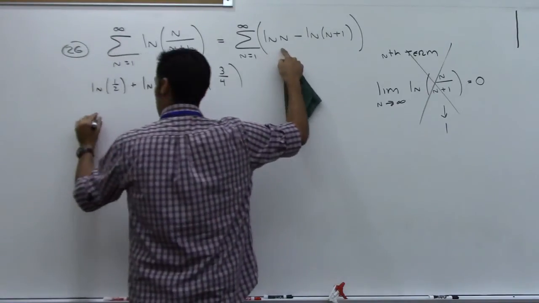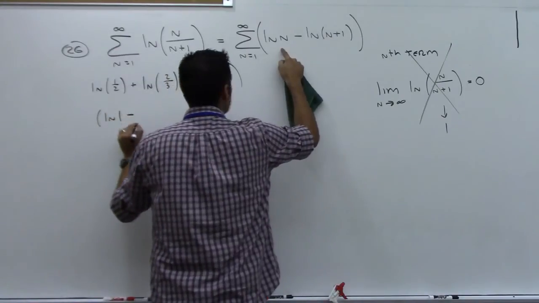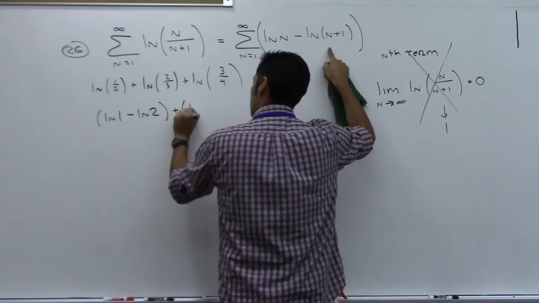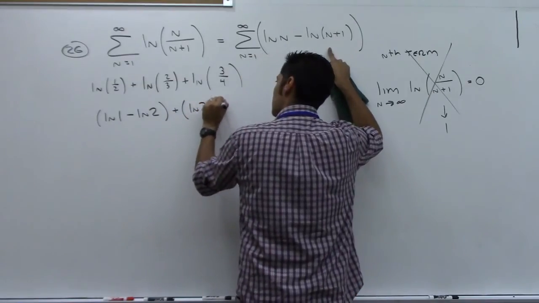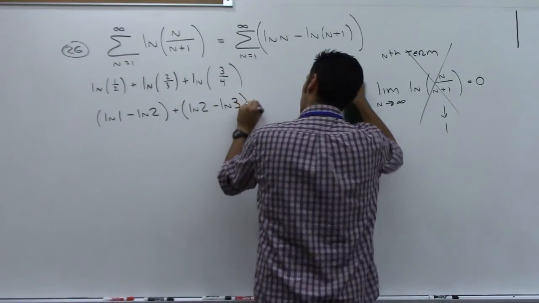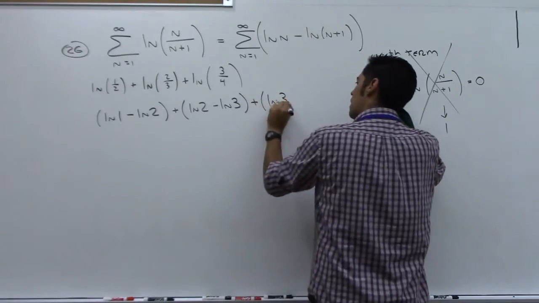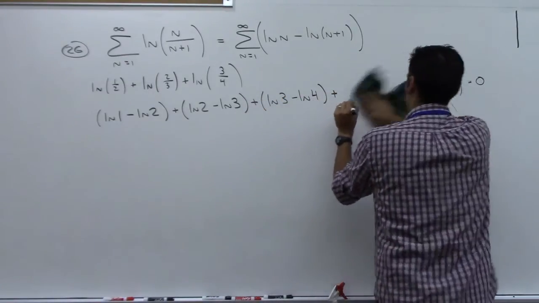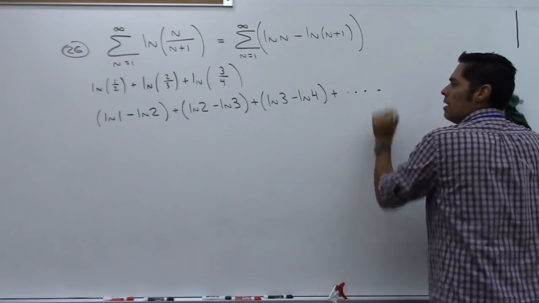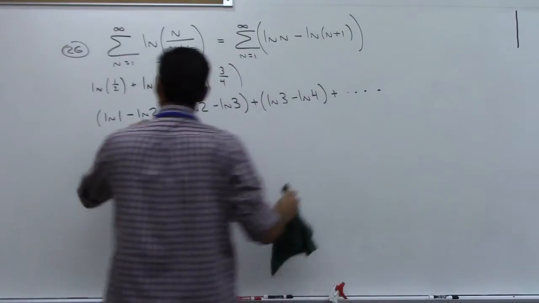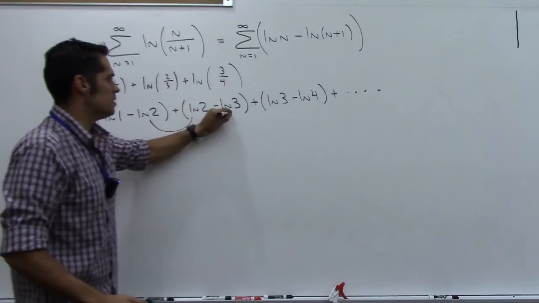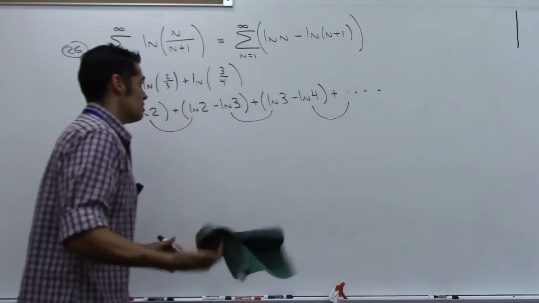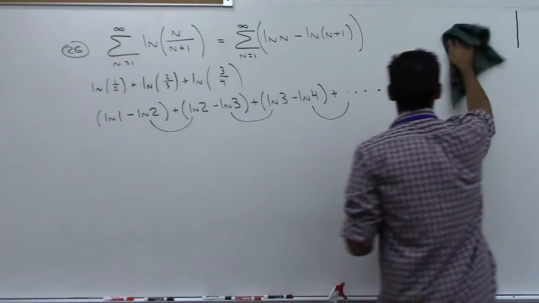If n is 1, I get natural log of 1 minus natural log of 2 plus natural log of 2 minus natural log of 3 plus natural log of 3 minus natural log of 4 plus, and then I keep going with this. And now I see some canceling. This is going to cancel with this, is going to cancel with this, is going to cancel with the next one, and so on and so forth. So that's actually going to be a nice collapsing series.